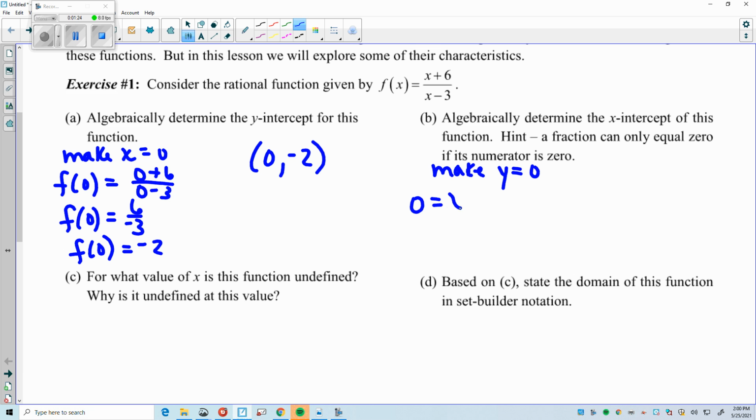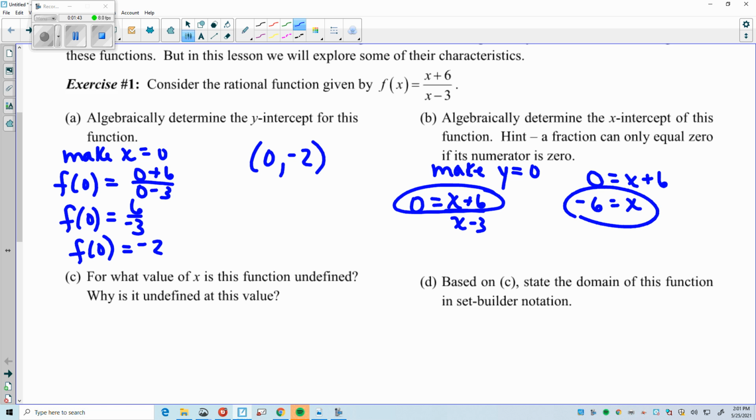So even though it really is looking maybe like this, in order to solve to make that 0, I only have to focus really on the top. So when we're solving this, I'm going to subtract over the 6. So now I'm going to see 6 is equal to x. And so I can tell you here, your x-intercept is going to be at (negative 6, 0).